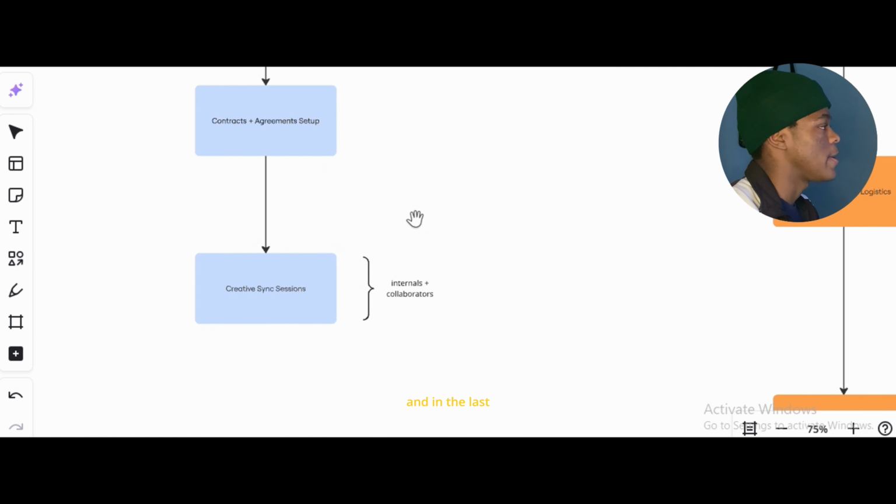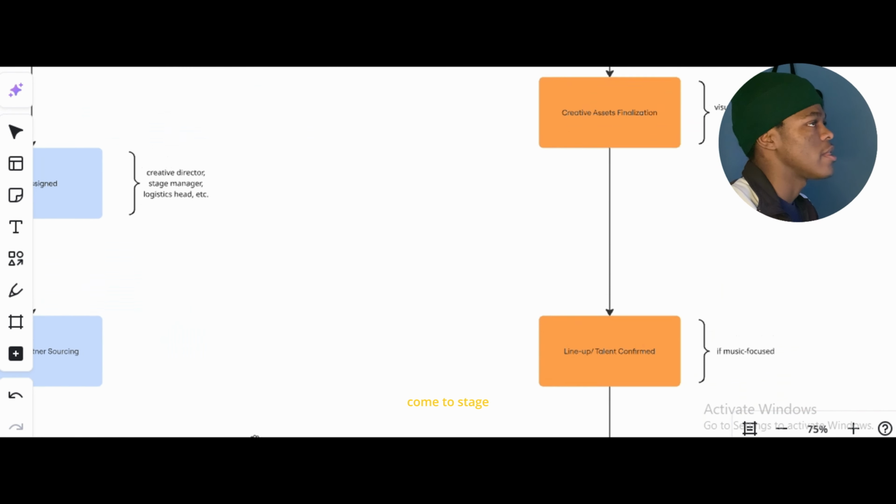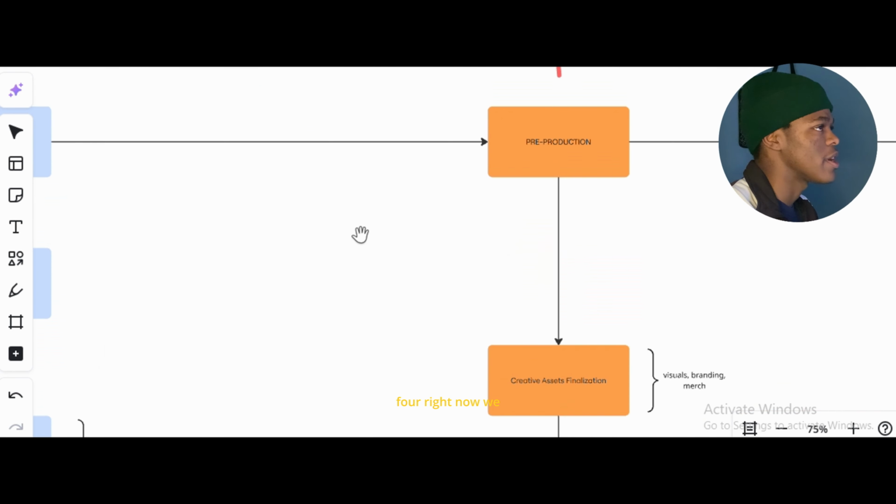And in the last stage, we have creative sync sessions with internals and collaborators, the people who we expect to be helping with marketing, our collaborators, promoters and influencers, etc.